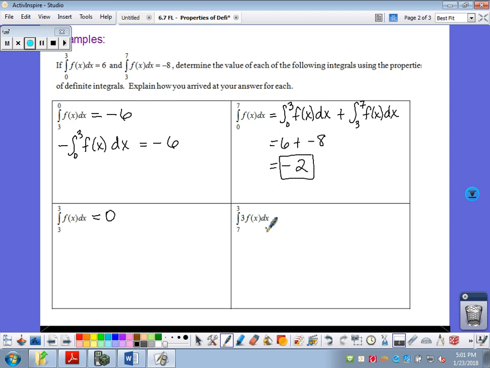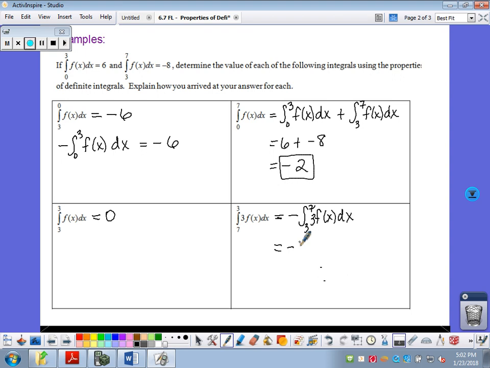On the fourth one, we have an integral from 7 to 3 of 3 times f of x dx. And so we can swap our upper and lower limits, and remember when we do that, that makes our integrand negative. So the first thing we can do is make this be negative, and then we can also take a constant and pull it outside of our integral.